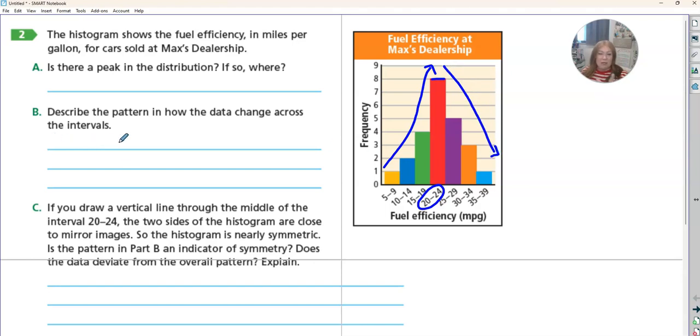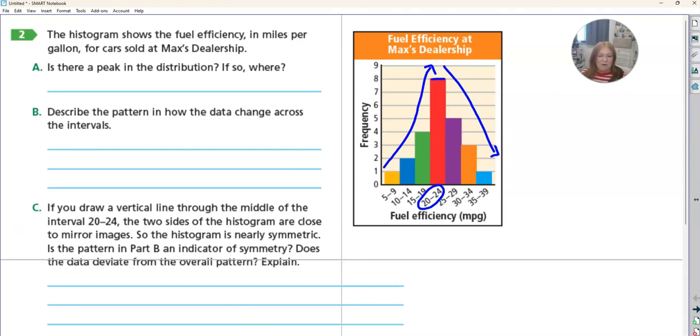So we see an increase up to 24. And then once we get to about 24 miles, we start to see a decrease, and there's not as many cars that have higher gas mileages. So we're just telling the overall pattern that we notice. It goes up, then it decreases and goes back down.